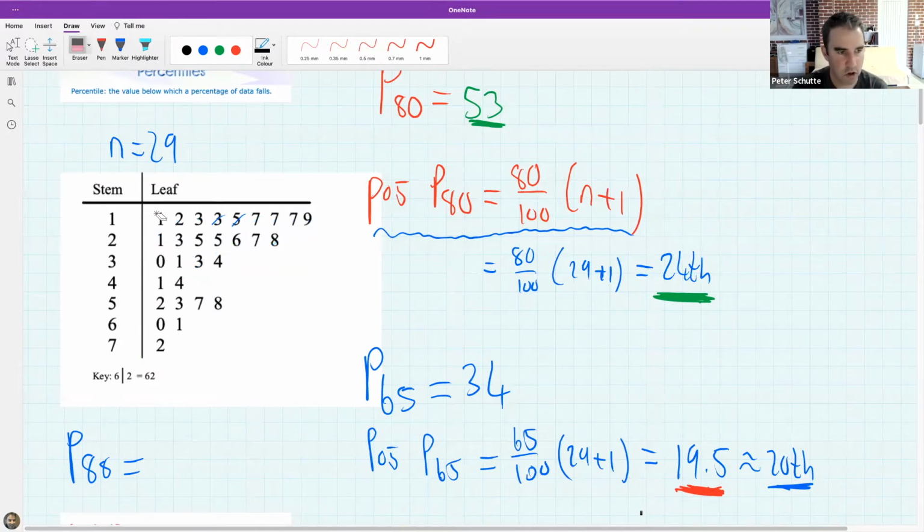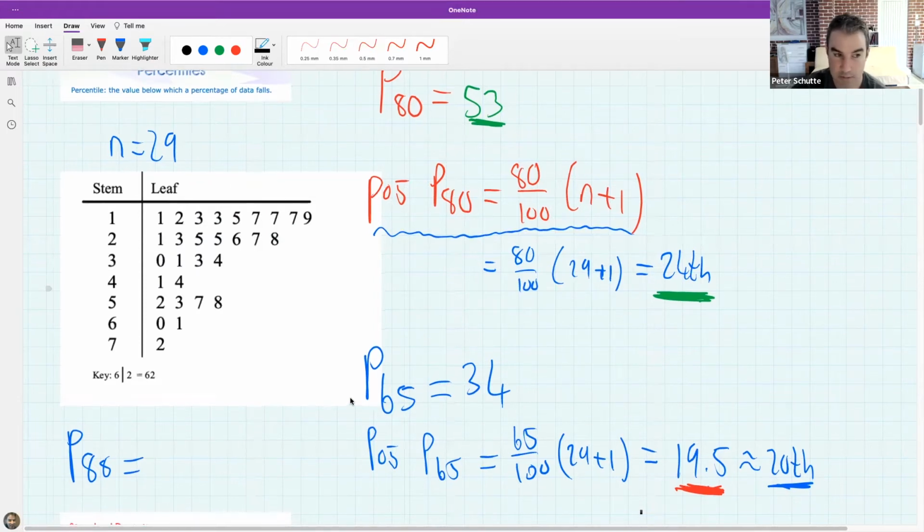Okay, so last question on percentiles. What is P88 for this data set? So first of all, you're going to have to calculate the position of P88 and then work out the value. So what's the position going to be?